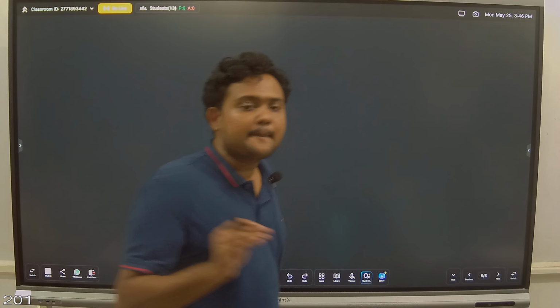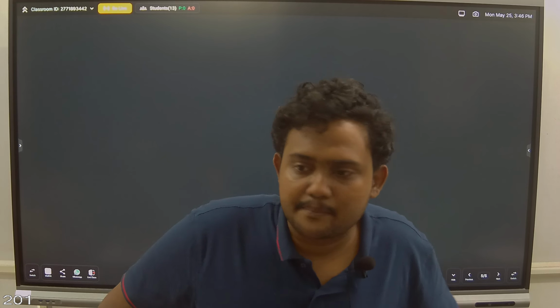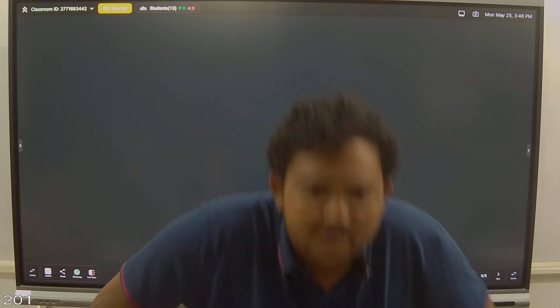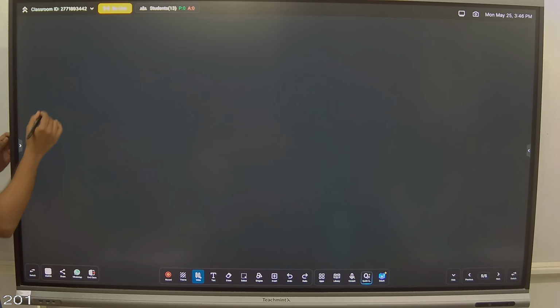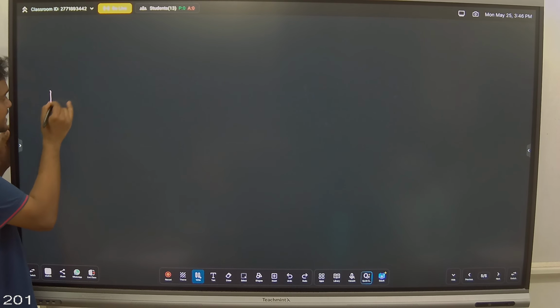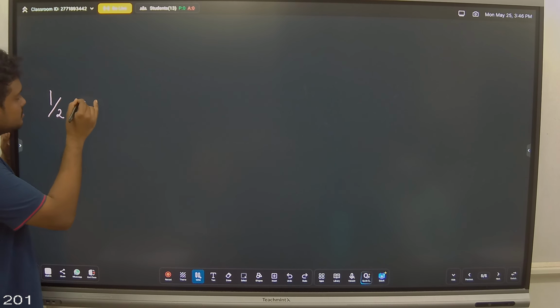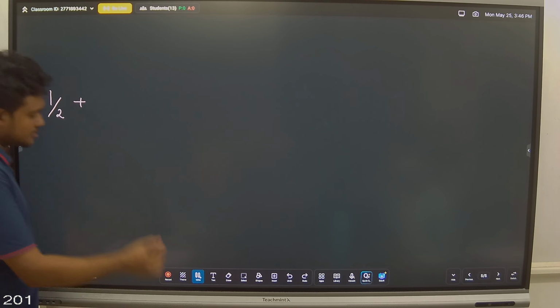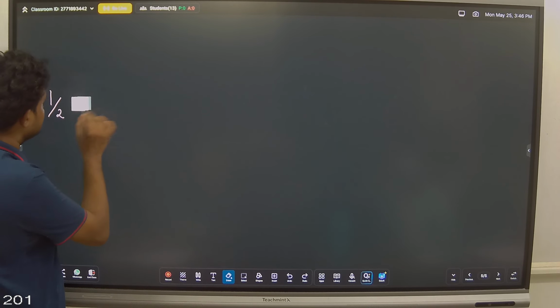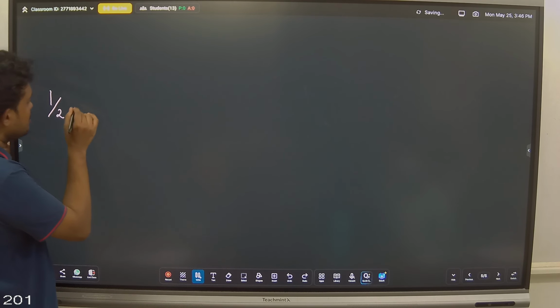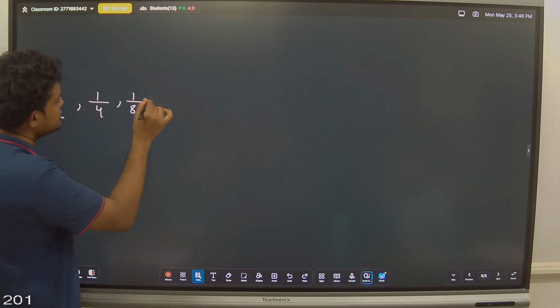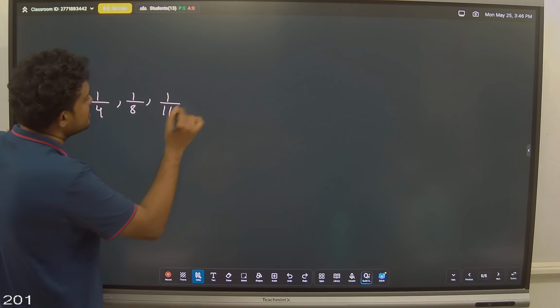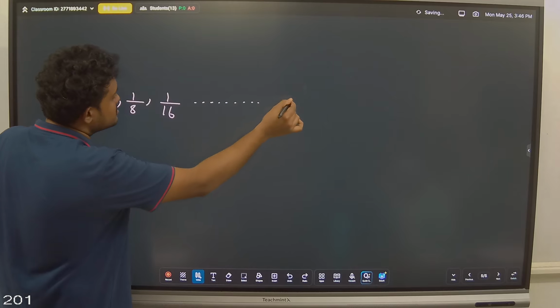You know what AP GP is? Arithmetic progression, geometric progression, right? Let's say I have a progression like this: 1 by 2, comma, 1 by 4, comma, 1 by 8, comma, 1 by 16, etc. It goes on up to 0.